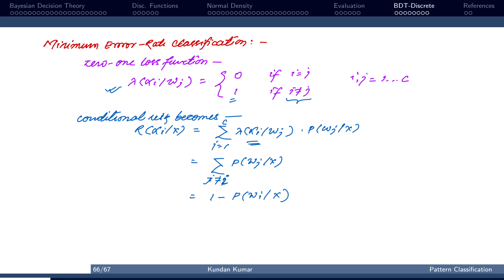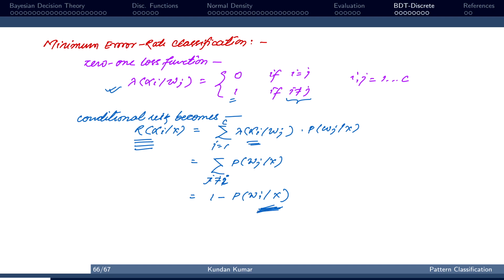Okay, so minimizing the risk means we need to maximize the posterior probability, because we want to minimize the risk, so definitely we have to maximize the posterior probability.